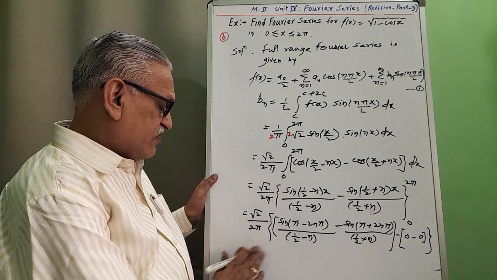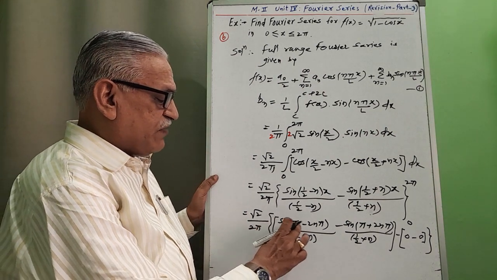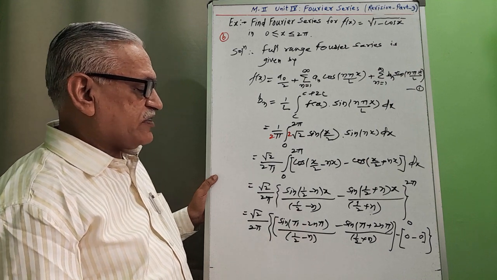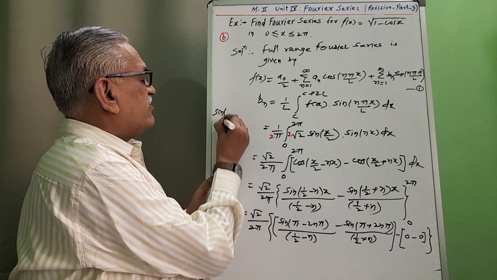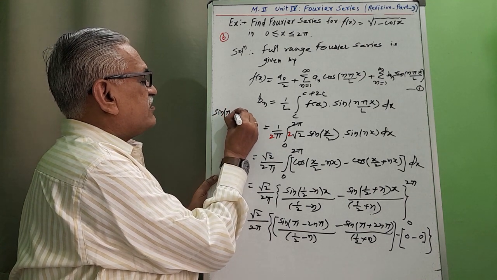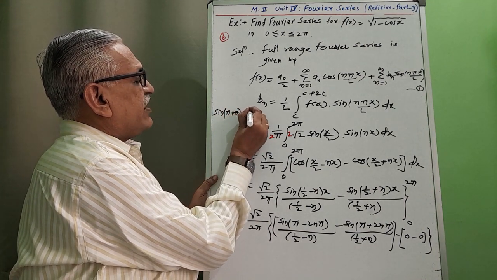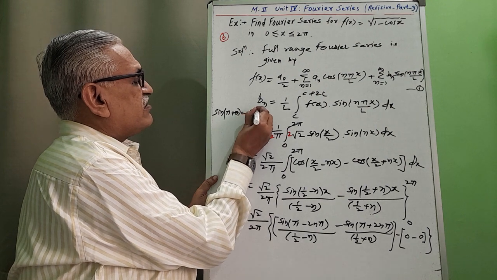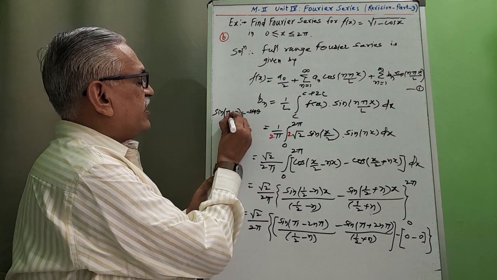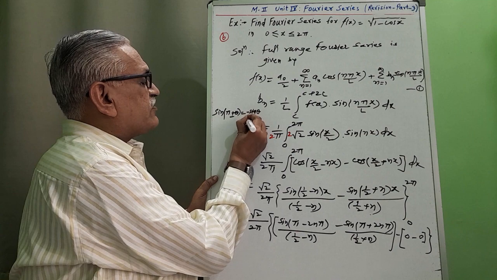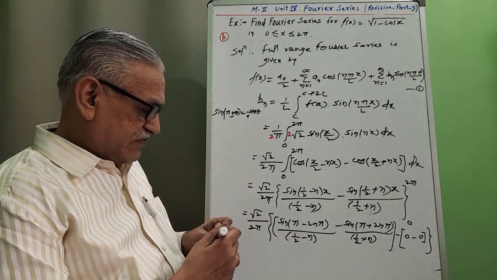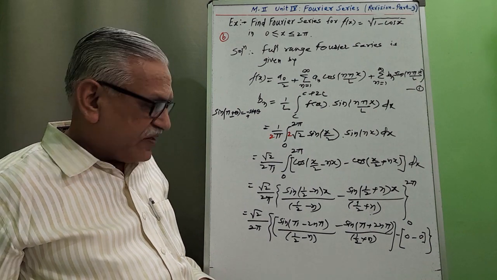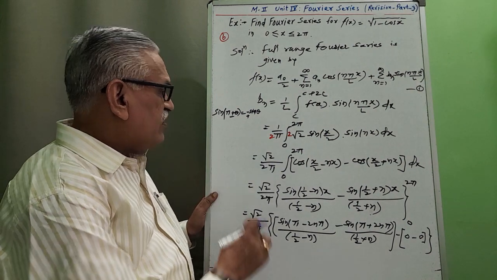Then we have the standard results: sine π plus θ is minus sine θ, and sine π minus θ is plus sine θ.